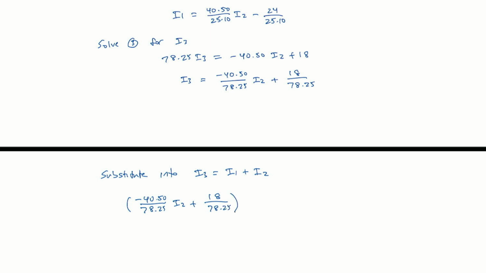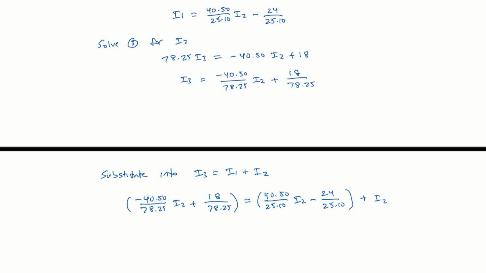Okay, that's it for I3. I1 is 40.50 over 25.10 I2 minus 24 over 25.10. That's it for I1. Then we have plus I2.